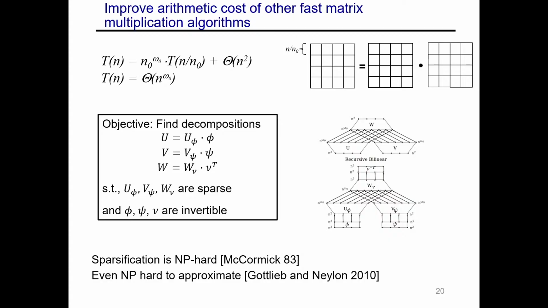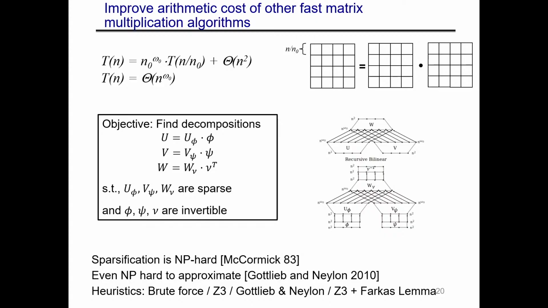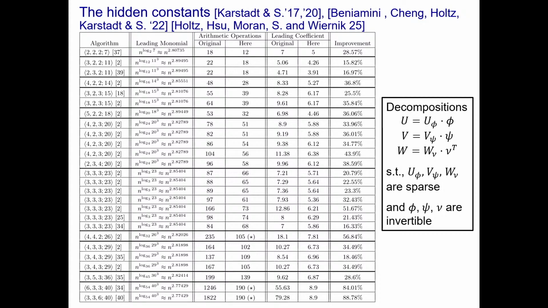And the sizes are reasonably small. Then you can use several techniques. You can use brute force if it's very small. You can use any SAT solver of your choice. You can use all kinds of approximation algorithms like the one of Gottlieb and Nylon. You can combine a SAT solver with Farkas lemma and several other techniques. And this is what we did in a series of papers.